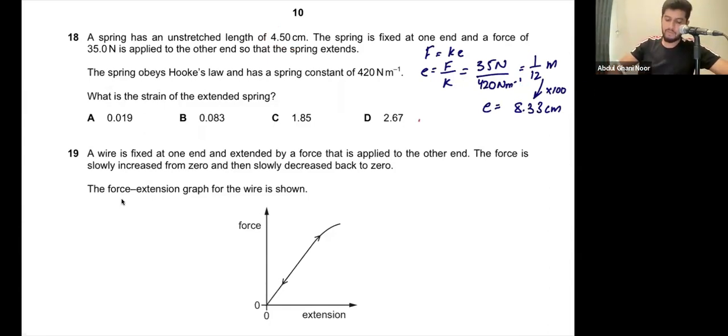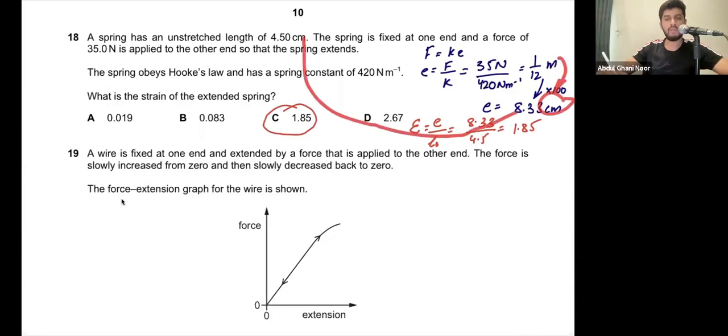Now the formula for strain is extension upon original length. 8.33 upon 4.5, which is equals to 1.85. The answer is C. The only mistake I believe you can do in this question is by not converting this meters into centimeter or this centimeter into meter.